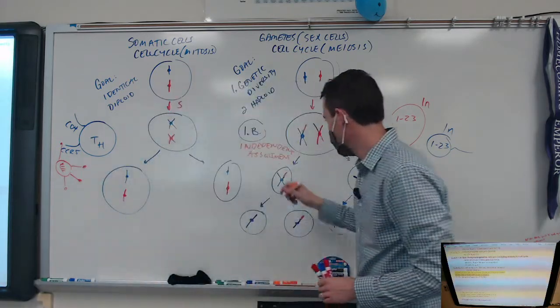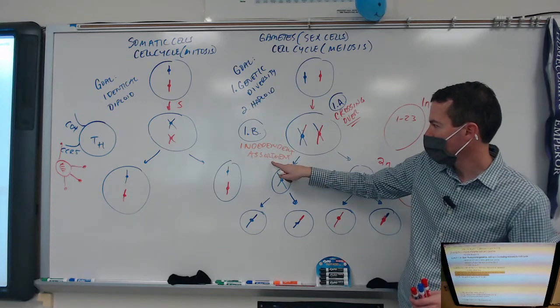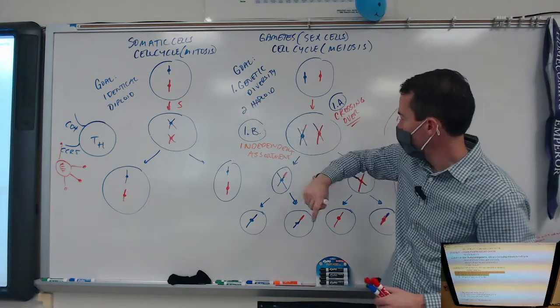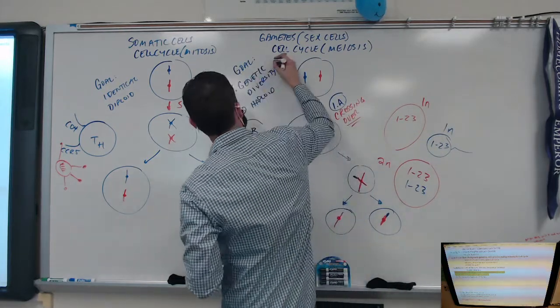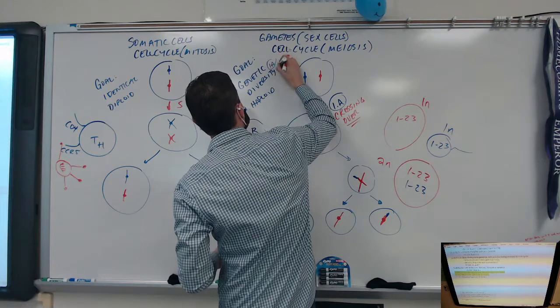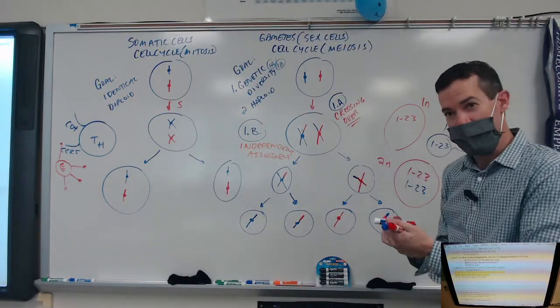So that's probably kind of hard to read because I'm writing sort of small, but that just says independent assortment. So I've got 2 ways of getting genetic diversity. I've got version 1A and 1B. So crossing over happens, but there's also independent assortment.